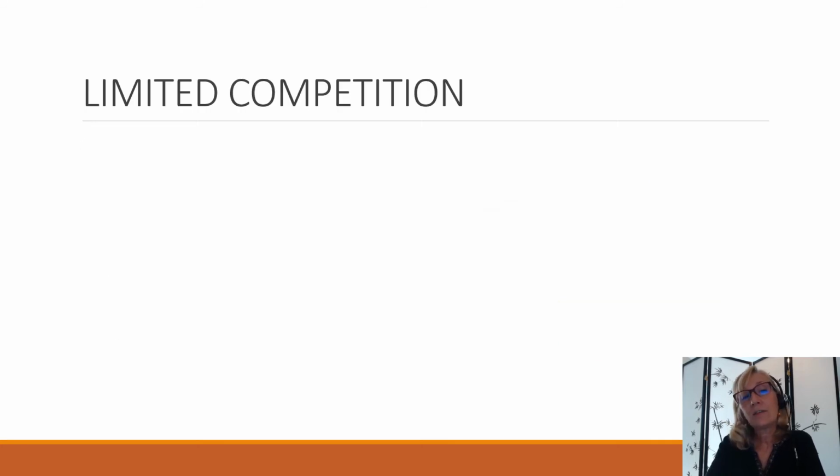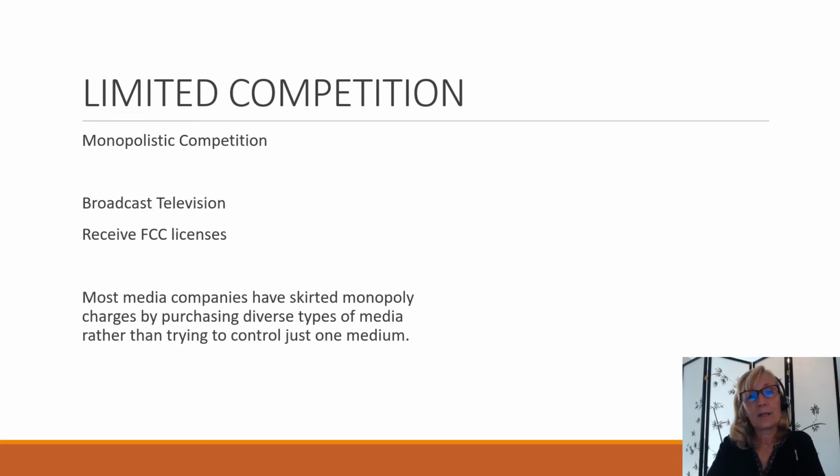And then another model is limited competition, right? So you've got monopolistic competition where there are only a certain number of licenses that can be given to broadcast television. We have a spectrum that's gotten bigger than it had been previously when there was only analog television.